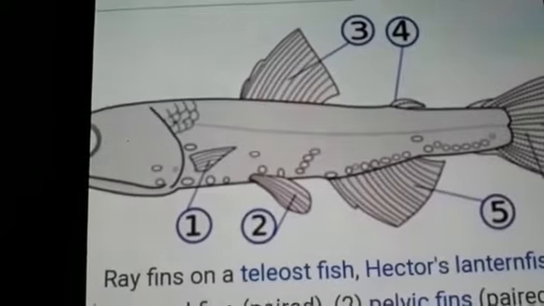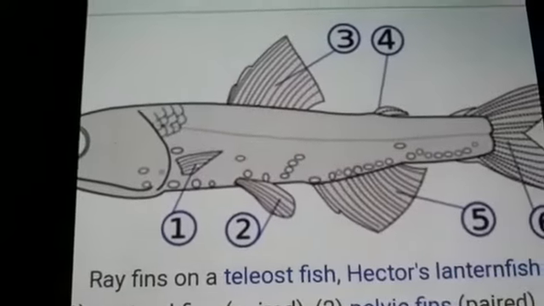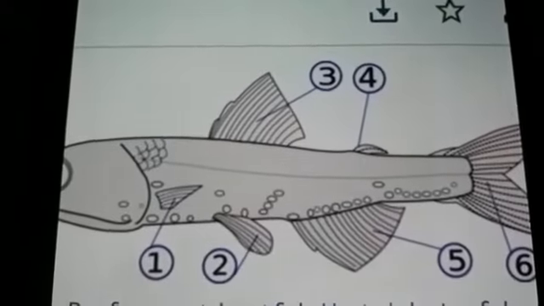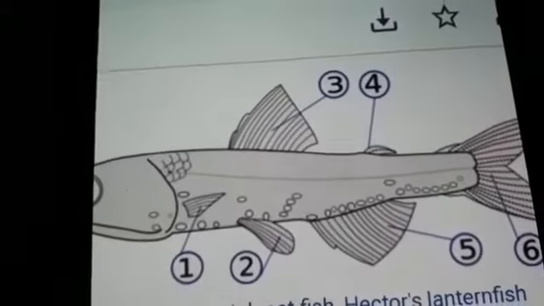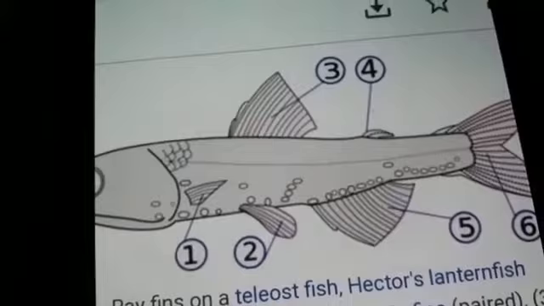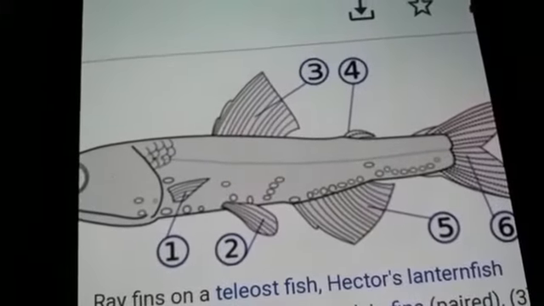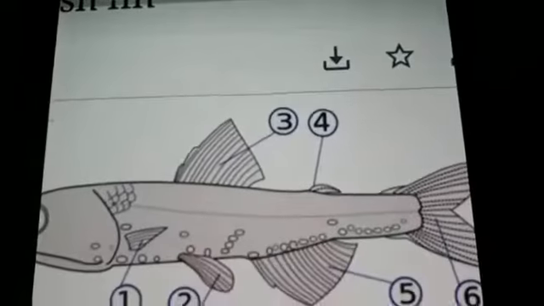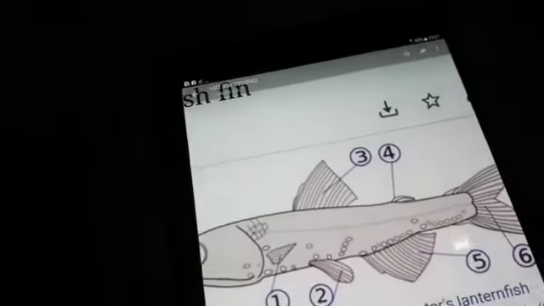Number 1, 2, 3, 4, 5 and 6. These are all the fins. They help the fish to swim. Gills help fish to breathe and the fins help fish to swim.